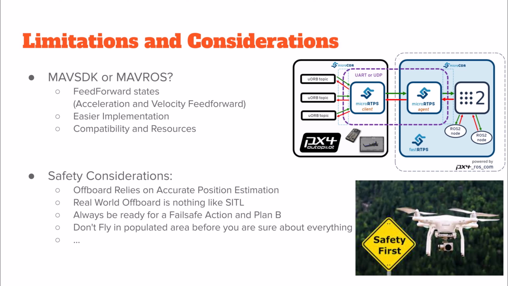Because maybe in the software in the loop your drone looks okay, but in the real world your drone cannot handle the commands you send it and it will fall behind your commands or maybe overshoot your command and end up crashing or flipping. So before engaging the offboard control, make sure your control loops, rate loop, attitude loops, position and velocity loops are all well tuned.